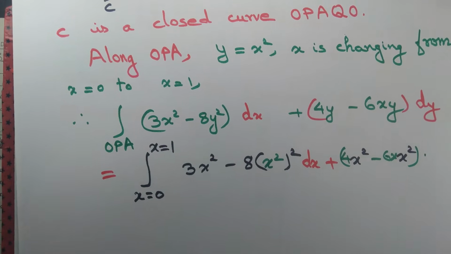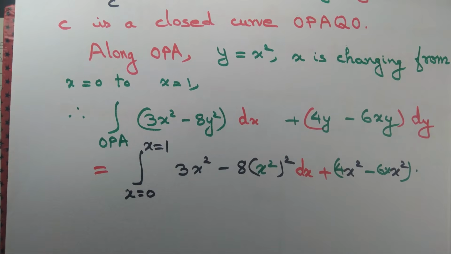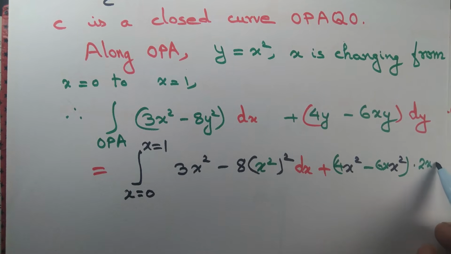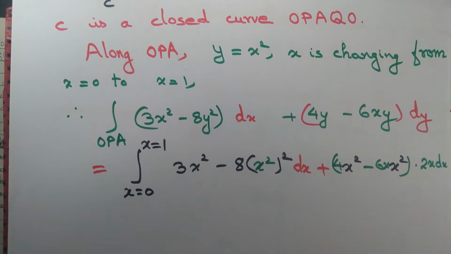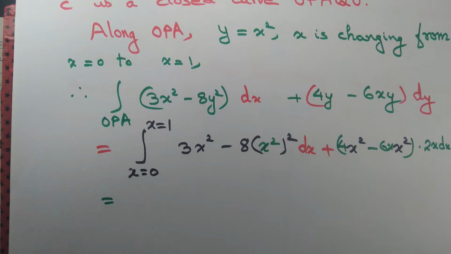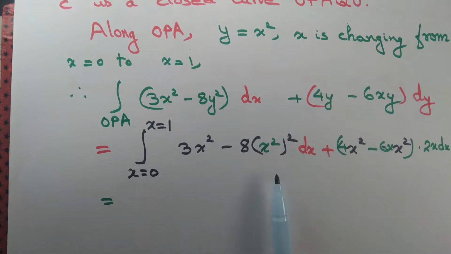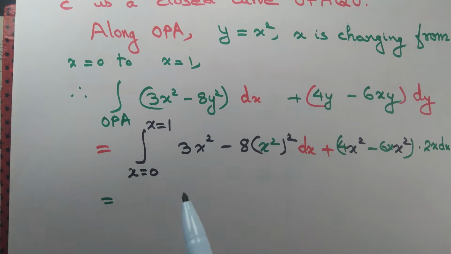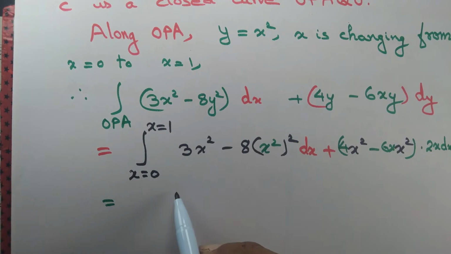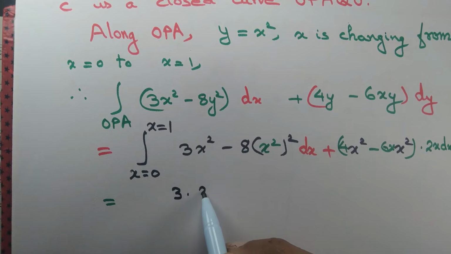What about dy then? Since y equal to x square, dy must be equal to 2x dx. Now let us compute it. We need not write dx twice. Now 3x square, if you integrate with respect to x, you will get 3 into x cubed by 3.